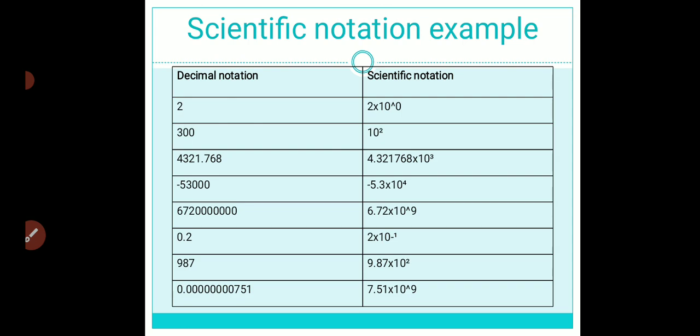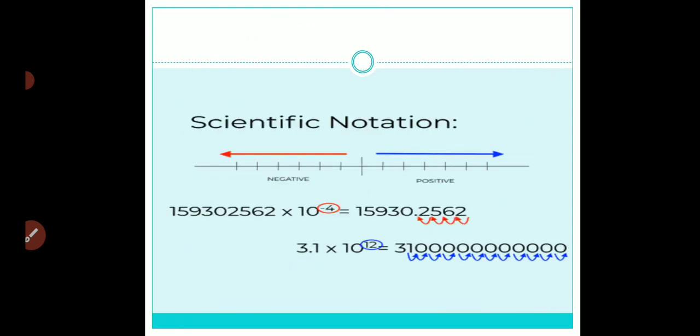If the decimal notation is 0.00000000751, the scientific notation is 7.51 times 10 to the power of negative 9.